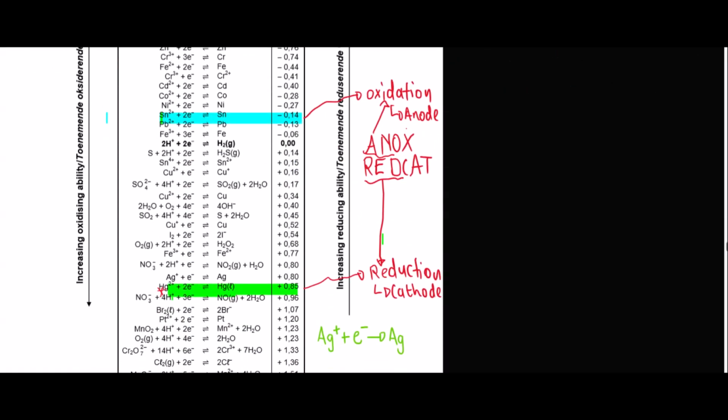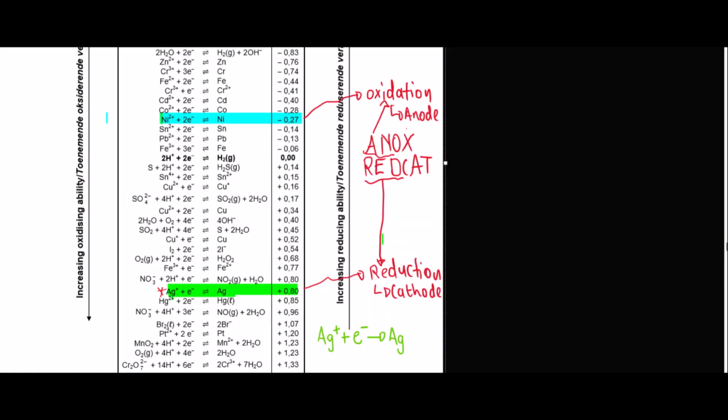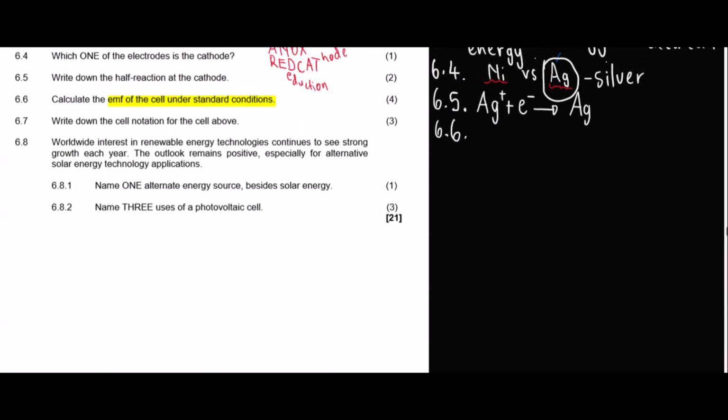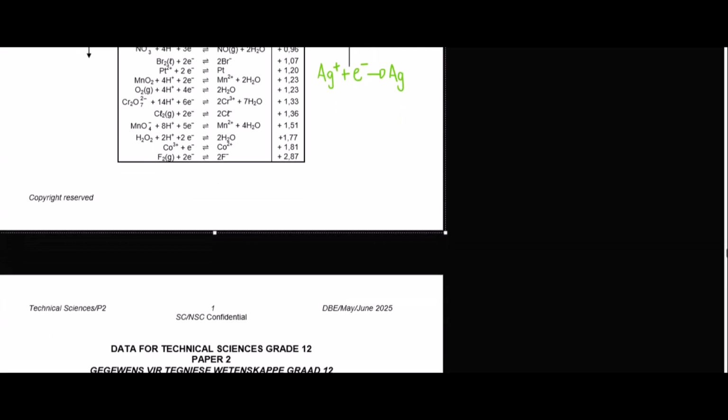We've identified that the one half cell is reduction and the other half cell is oxidation. So which formula do we use here?